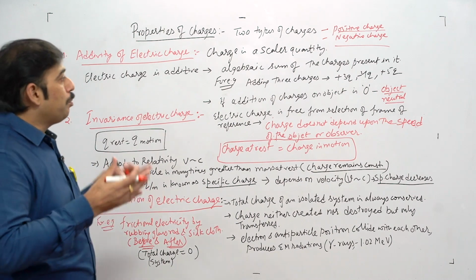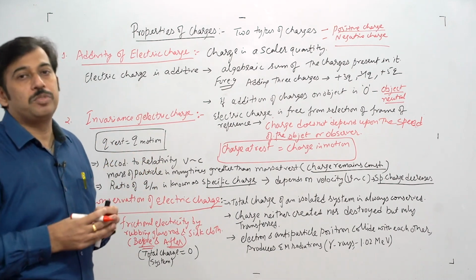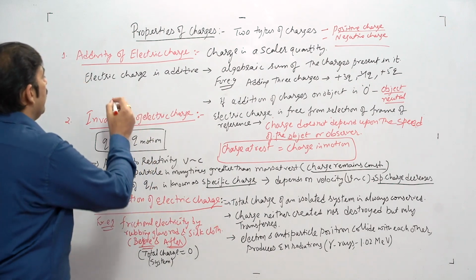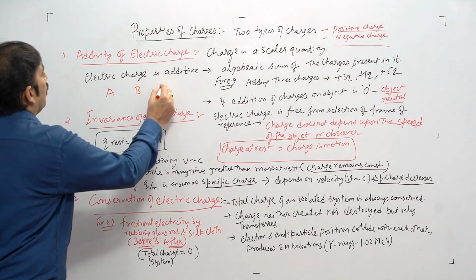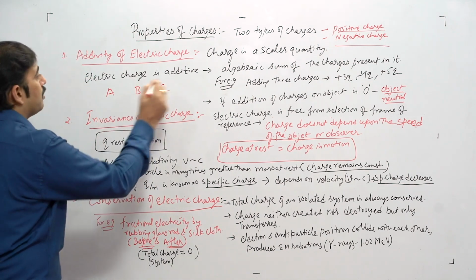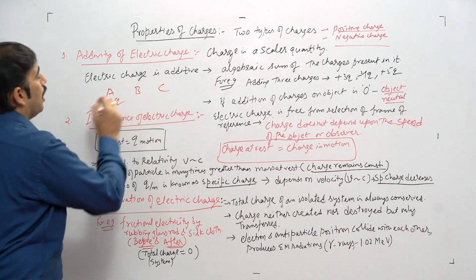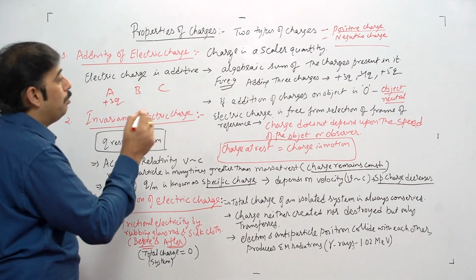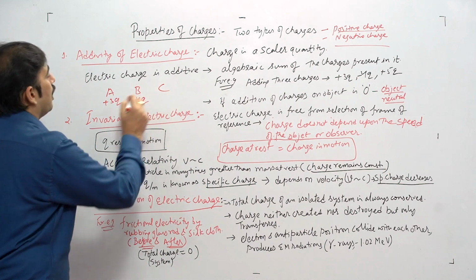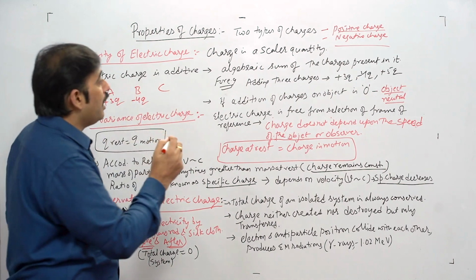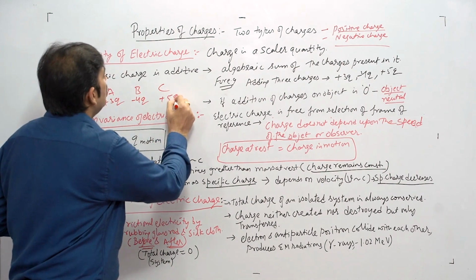How can it be added? Suppose we give certain charge to an object. Suppose we have object A, object B, and object C. Object A has plus 3q charge, object B has minus 4q charge, and object C has plus 5q charge.